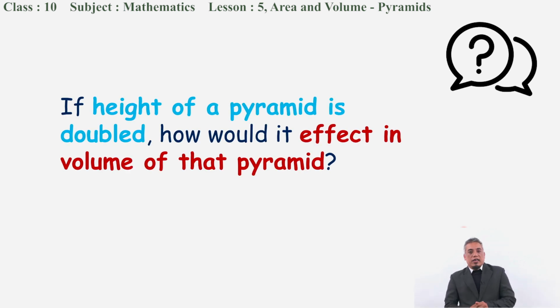It reads as, if the height of a pyramid is doubled, how would it affect the volume of the pyramid? Once again, I'll read. If the height of the pyramid is doubled, how would it affect the volume of that pyramid? Can you guess?